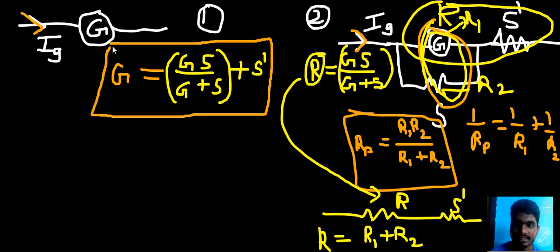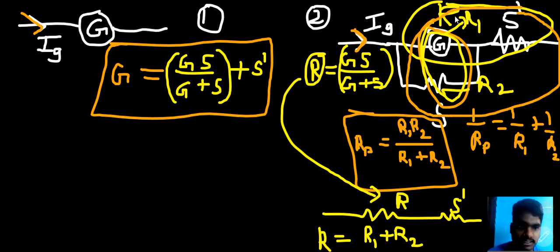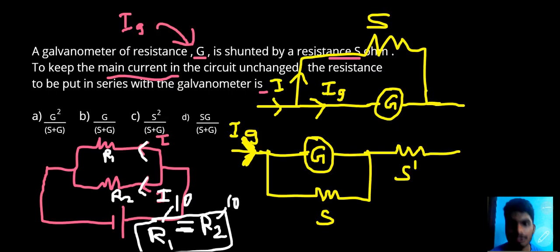From these two things, the concept is very clear. The current received by both circuits is equal, so the total resistance of this circuit and the total resistance of that circuit are equal. This circuit is just G, and for the other circuit the combination of resistances is present. From this we have to find the value of S dash.